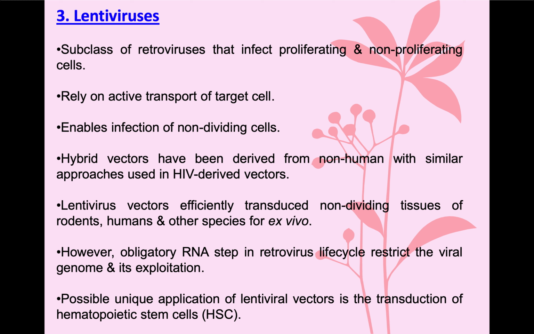There is an obligatory RNA step in the retrovirus life cycle that restricts the viral genome and the exploitation of the lentiviruses. It is only a subclass of retroviruses, so it doesn't have the full function of the retrovirus. But again, the good thing about lentivirus is that it could infect non-dividing cells. The application of lentiviruses is that they could be applied for transduction of hematopoietic stem cells.